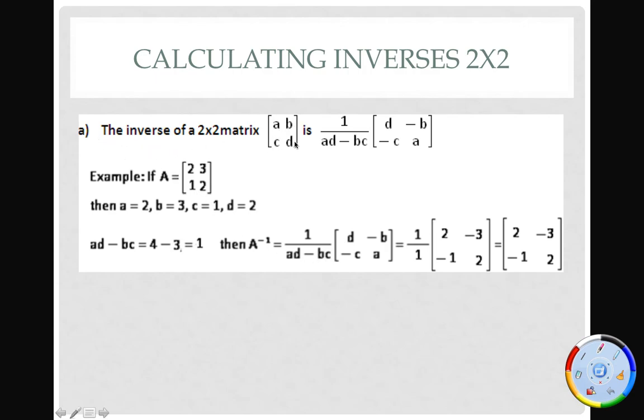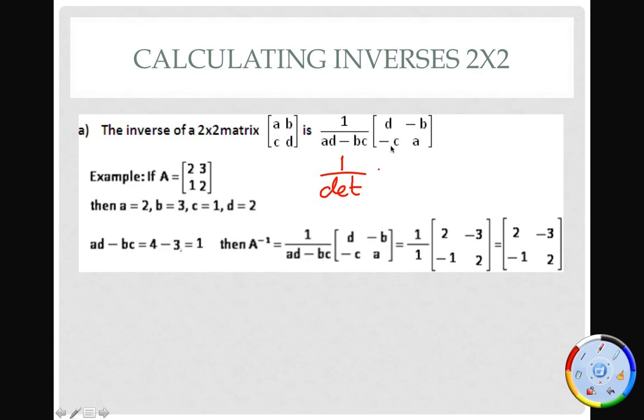If you're given A, B, C, D, it's 1 over this. Where did this come from? Well, it's AD minus BC. So this is actually 1 over the determinant times matrix A, or actually a variation of matrix A. What we do is we swap A and D and make the other two negative.